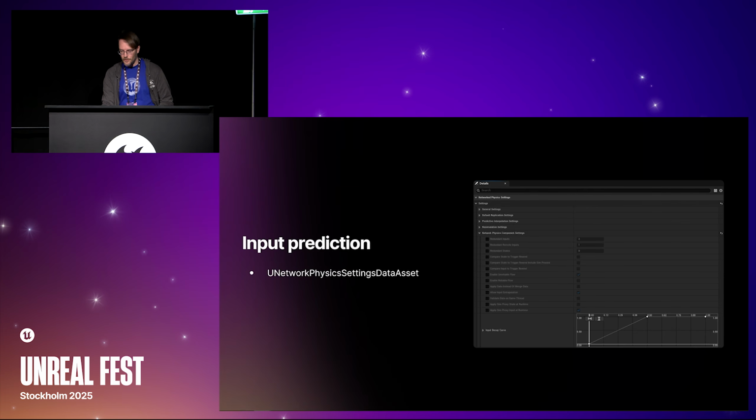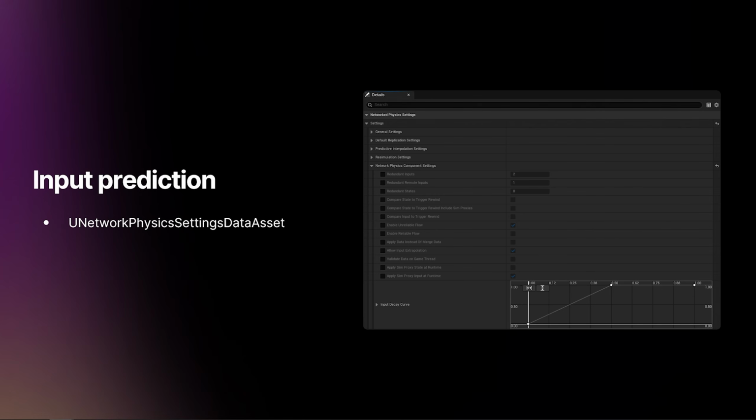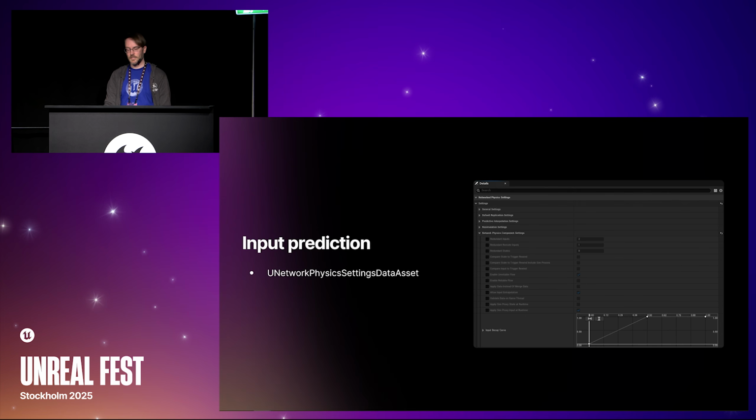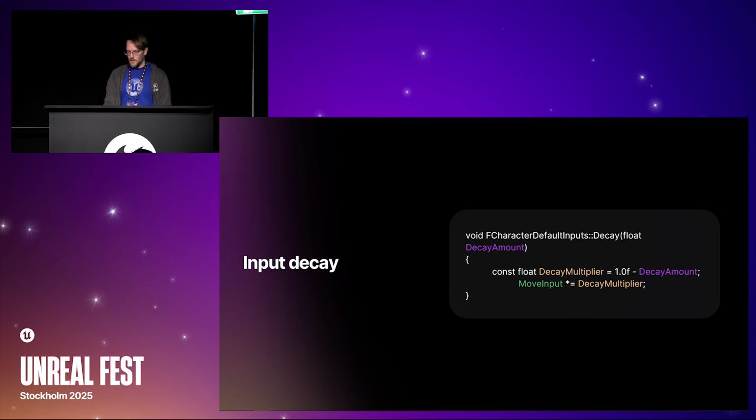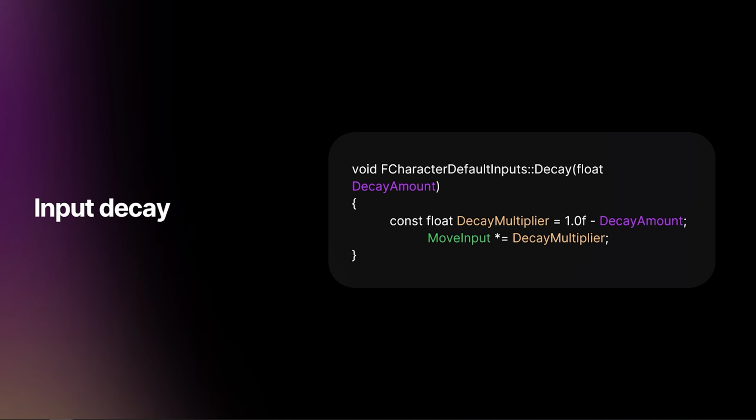The input decay curve, first off, can be set via the network physics settings data asset. And it's the one at the bottom. Currently, or rather by default, it's just three dots on the curve. And that works for many cases, but you might want to alter it if you have something more specific to balance.